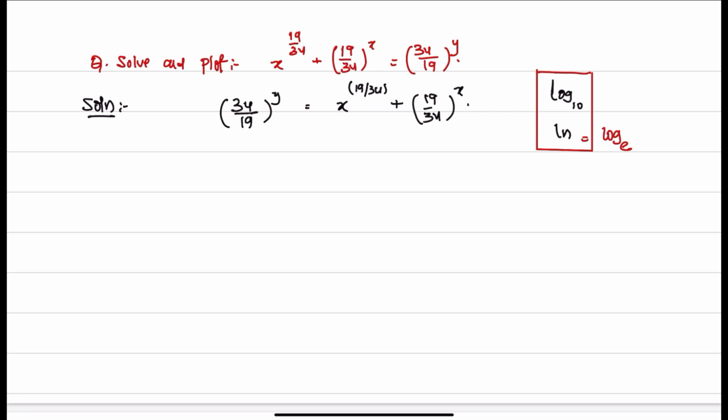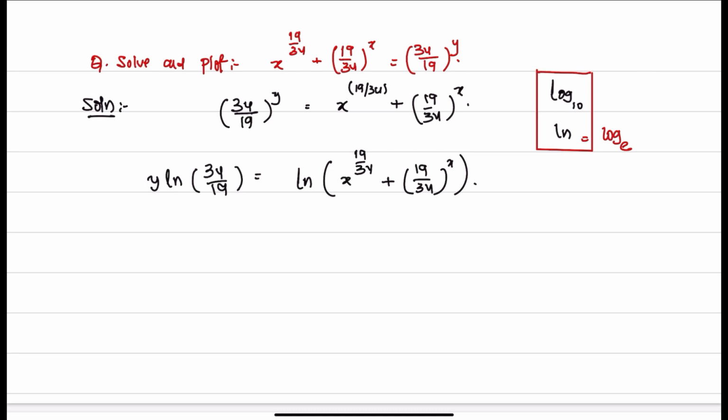By taking the natural logarithm on both sides, what happens? y ln 34 by 19 is equal to, no, it is a sum. It is not a multiplication. We have to do natural logarithm for the whole sum. Ln of x to the power of 19 by 34 plus 19 by 34 to the power of x.